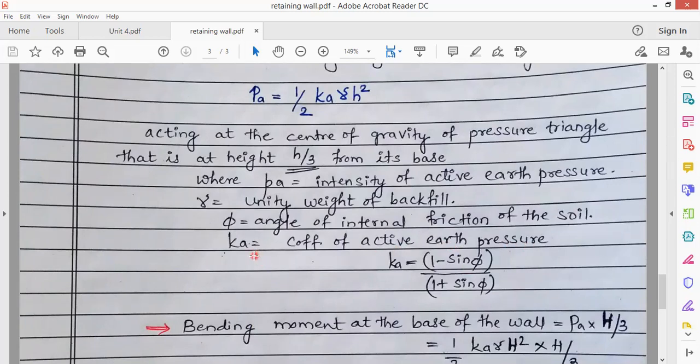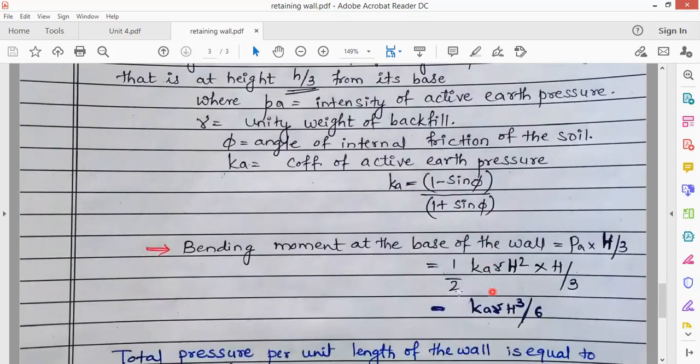We have two coefficients: the active earth pressure coefficient Ka, and the passive earth pressure coefficient Kp. Ka is equal to 1 minus sine phi divided by 1 plus sine phi. The passive coefficient is 1 divided by Ka, which means Kp is equal to 1 plus sine phi divided by 1 minus sine phi.